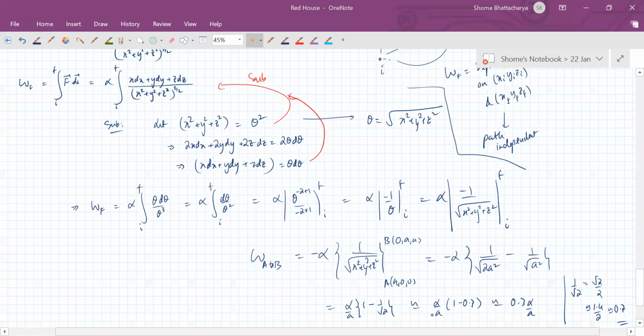Yes, Vaishnavi, that's correct. Take LCM and do it that way also.